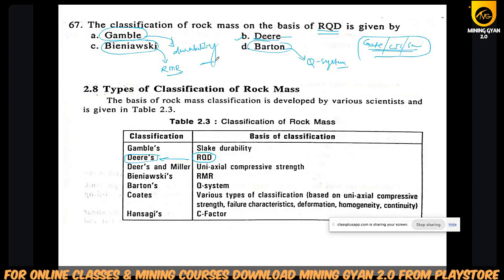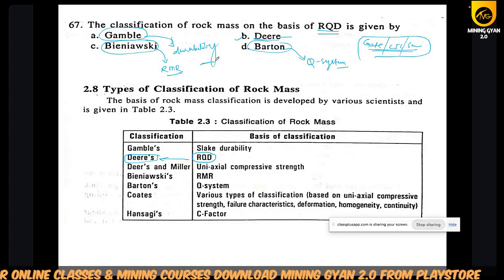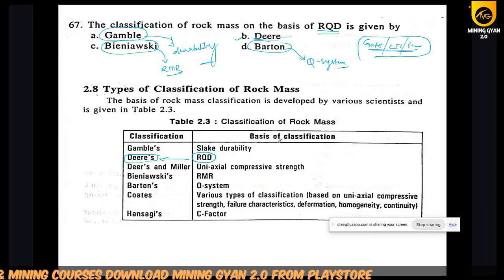So this way you have to practice the questions. Whenever you see this type of question, practice like this, so it will not only solve one question, it will help you solve four questions from a single question.